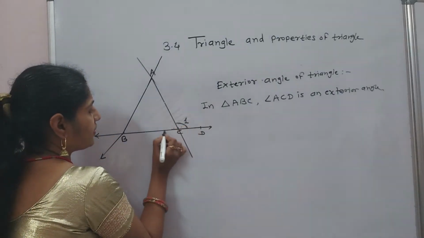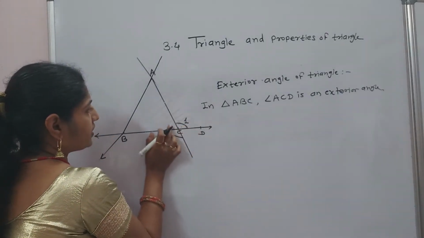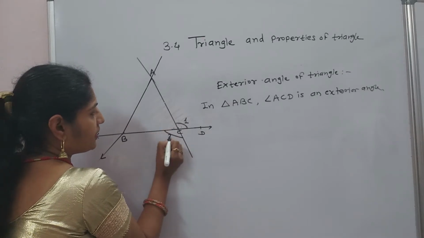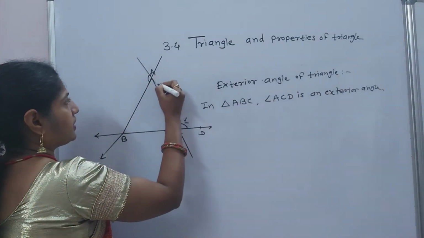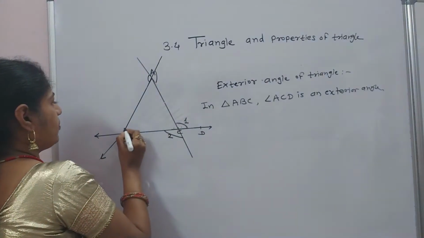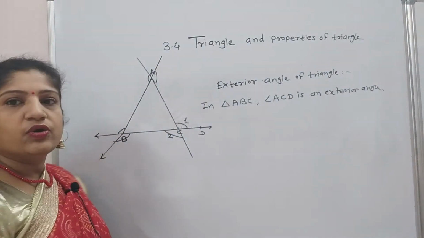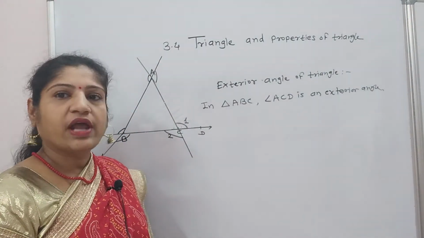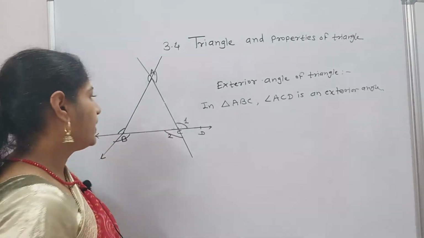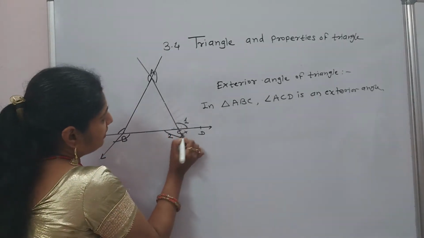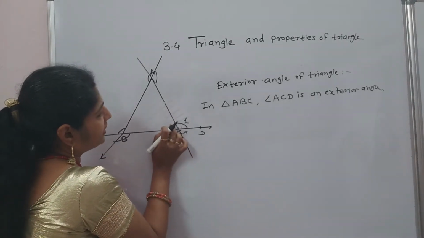Number 1 and number 2 form a linear pair, 3 and 4, 5 and 6. Total 6 exterior angles can be drawn. Now what is this angle? This is the opposite of the interior angle.